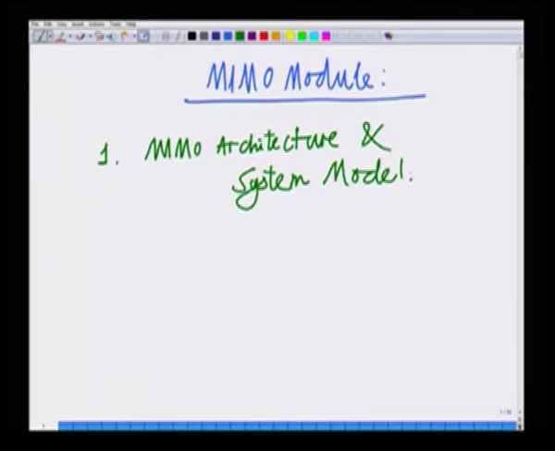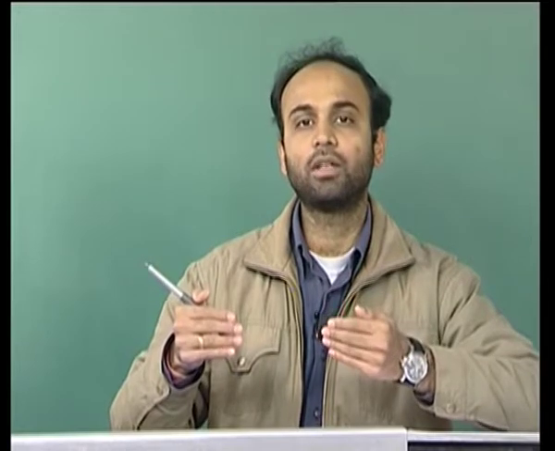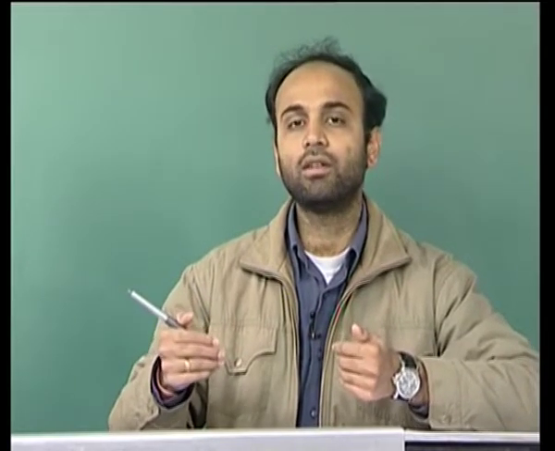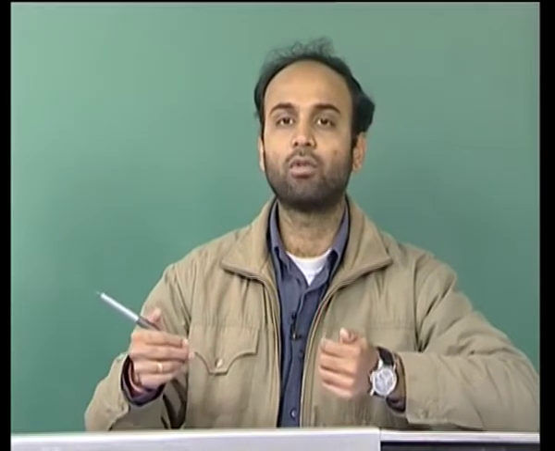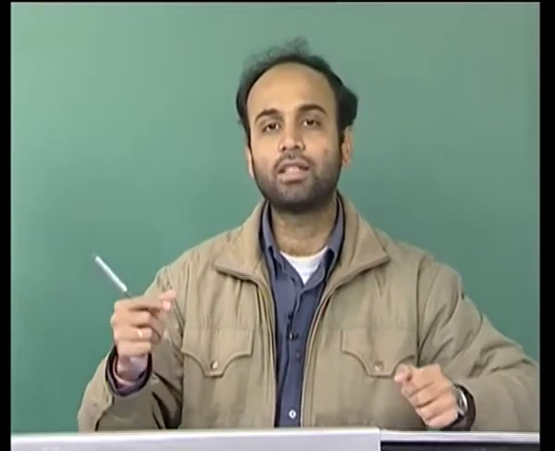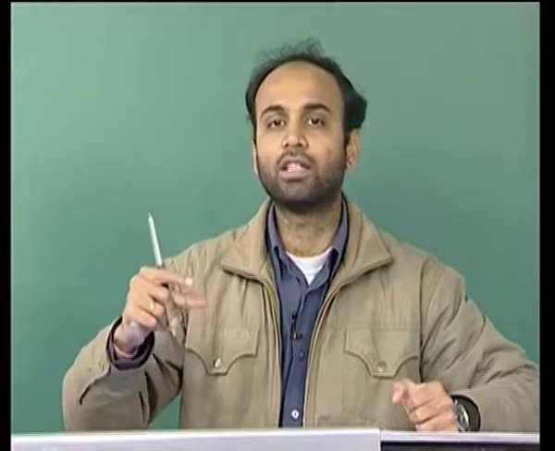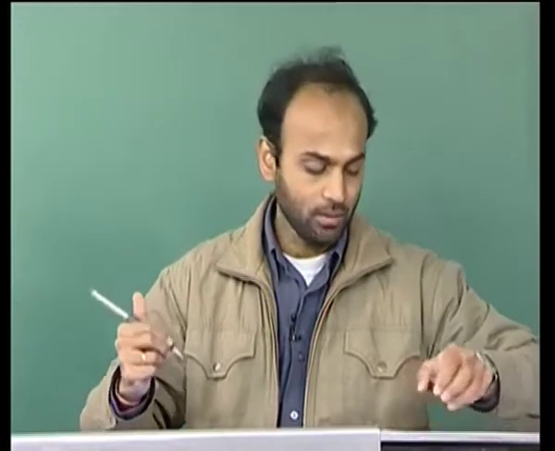We started with the MIMO architecture with multiple antennas at the transmitter and multiple antennas at the receiver. We started with the schematic. We developed a system model in terms of y equals Hx plus n, where x is now a vector, y is now a vector, and H is a matrix channel.